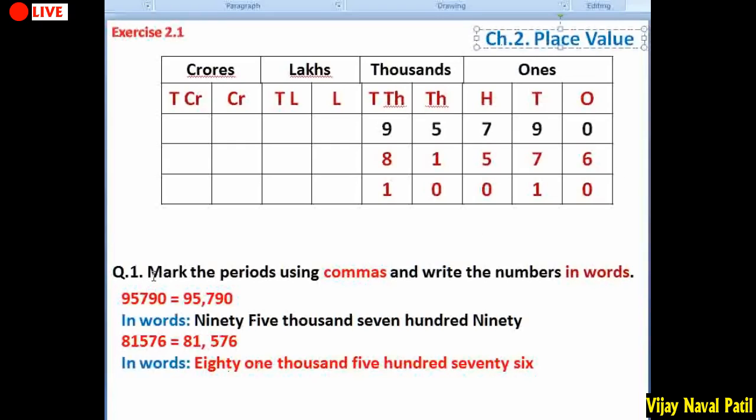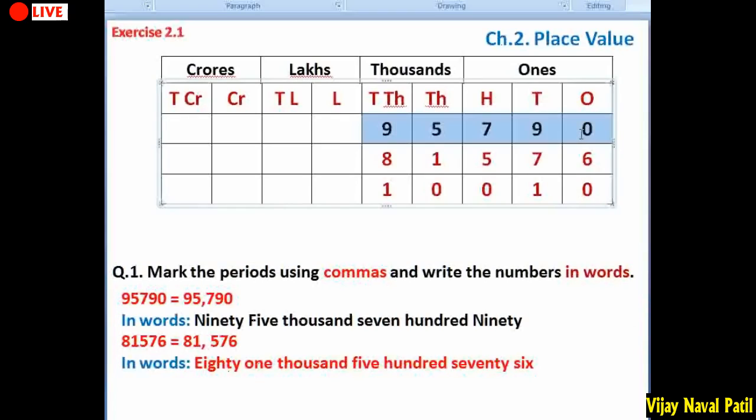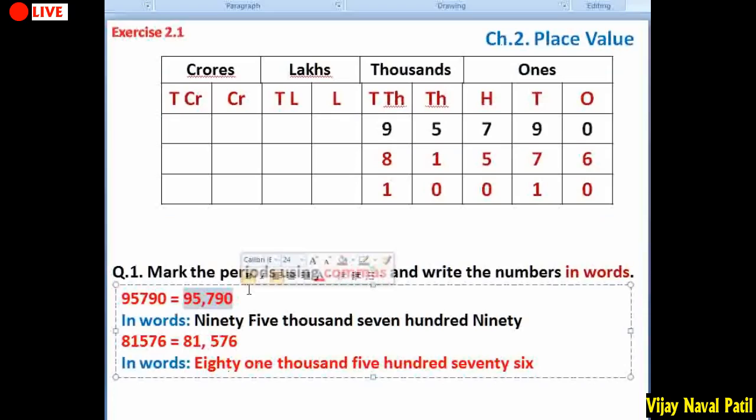Now see here, question first is: mark the periods using commas and write the numbers in words. Now so how is the example written here? See, the first example is 95,790. So I will write that example as it is, 95790.